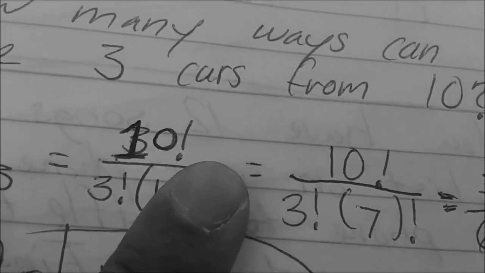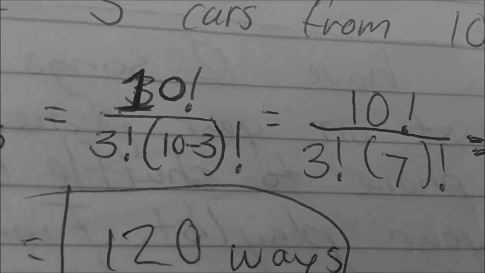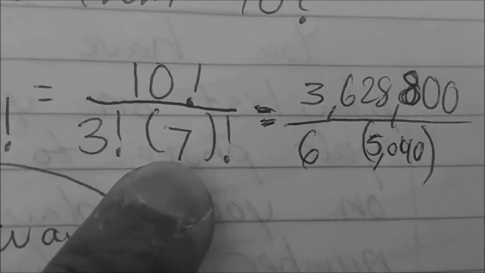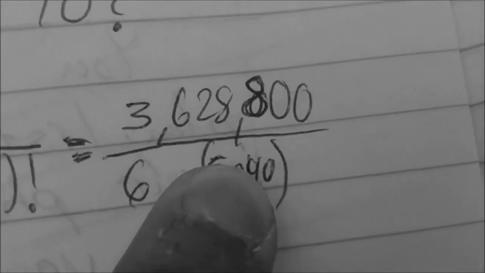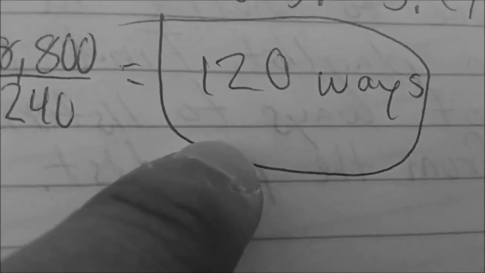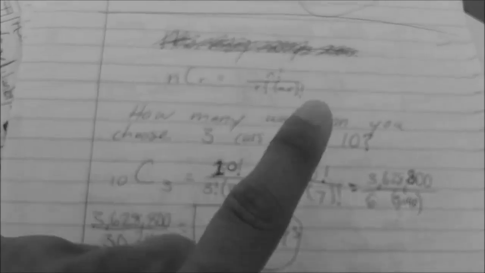Anyways, so we just plug numbers in. 10 is the total, 3, of course, and then it's 10 minus 3. And then we just simplify, then we divide here, and then we get our answer, 120 ways. So it's 120 ways to choose 3 cards from 10.